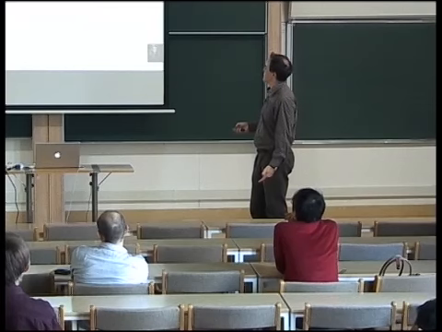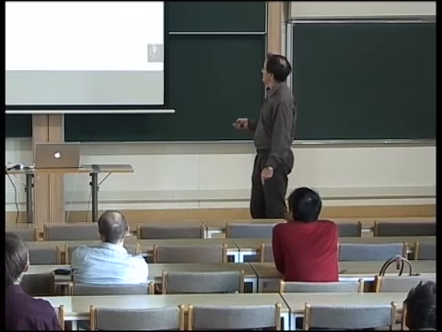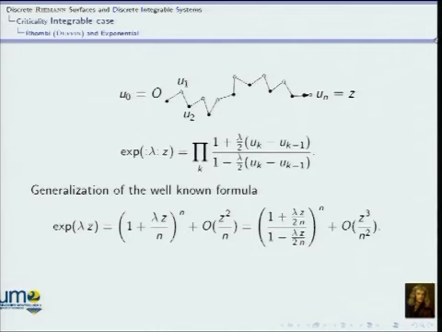It's the limit of (1 + z/n)^n, with error O(z²/n). But there is actually a version which is a bit better. If you take ((1 + z/2n)/(1 − z/2n))^n, this converges much faster to the exponential.